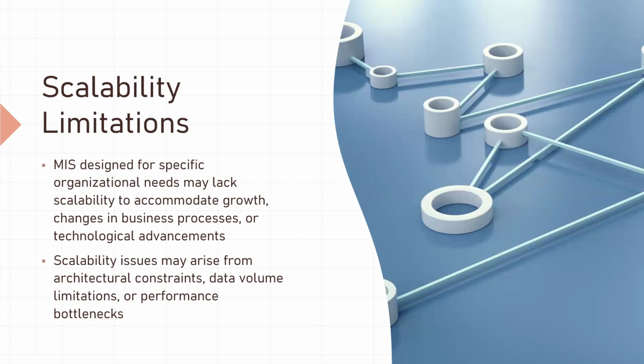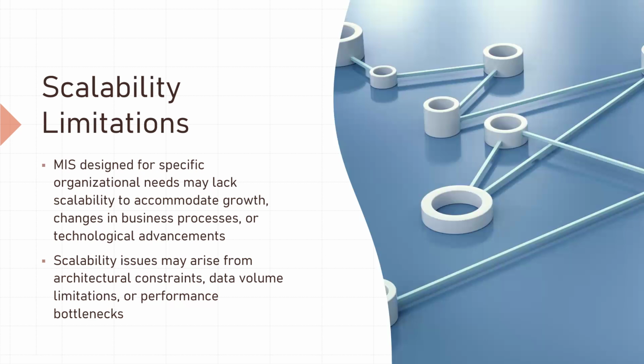So what solutions would we recommend to improve scalability? Number one is cloud migration and elastic resources. If you use that, it helps. The second one is modular or microservices architecture. When you are designing it, you don't put everything in one place.